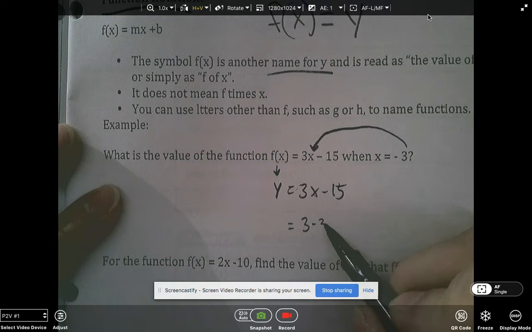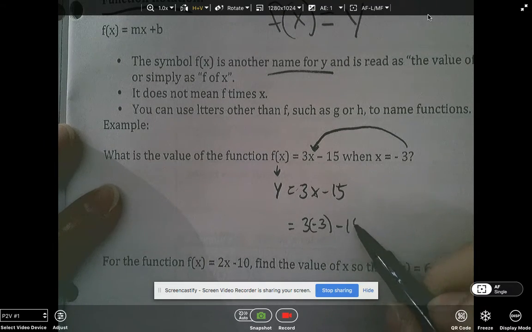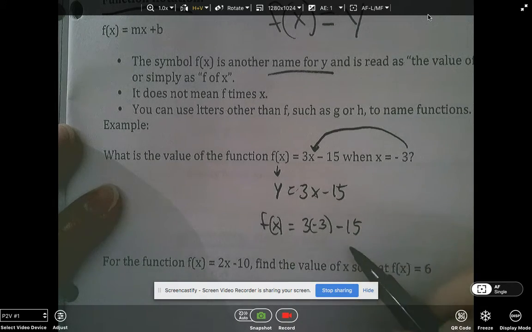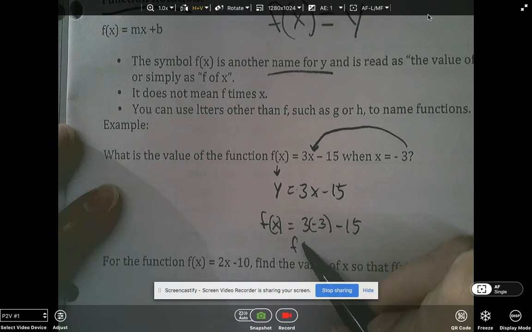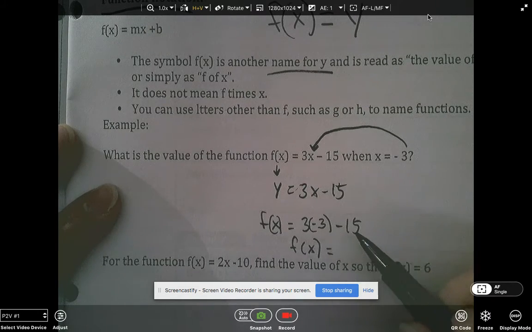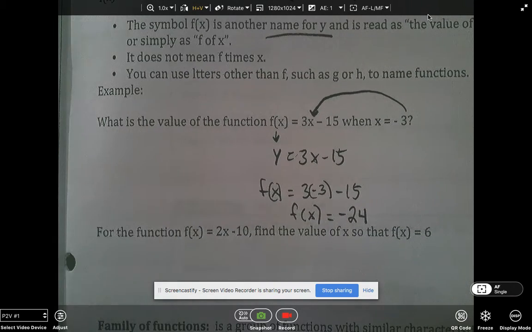Yeah, 3 times negative 3 minus 15. So we'll put it back to function notation. And so the final answer: does anyone know what negative 3 times 3 minus 15 is? Yeah, it's negative 24. So that's really all we're doing here.